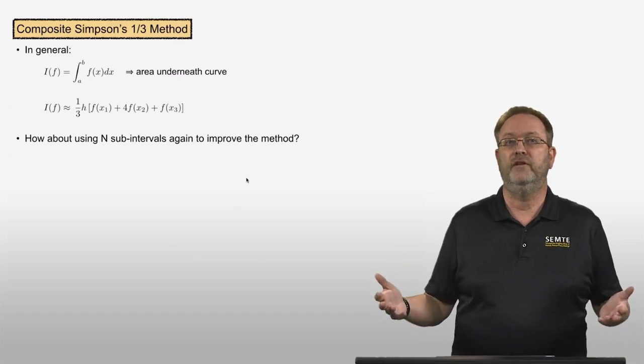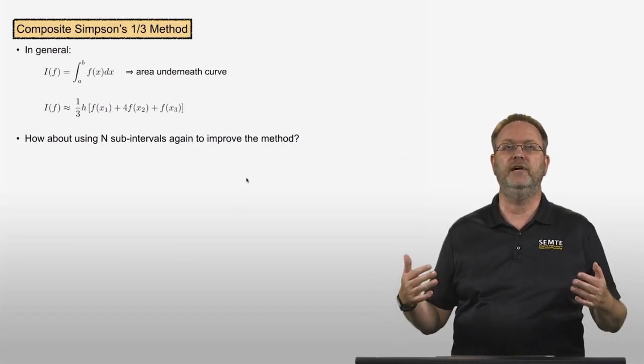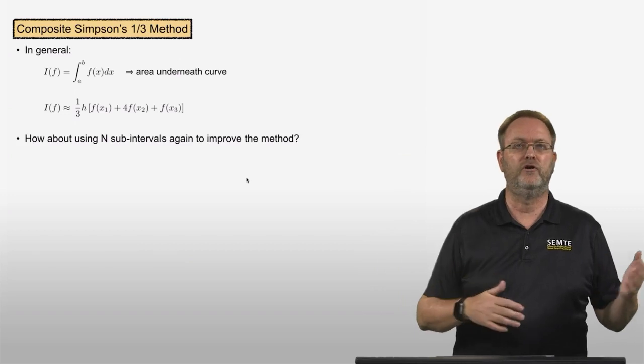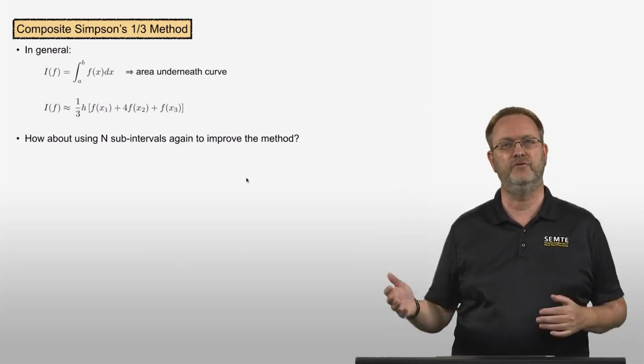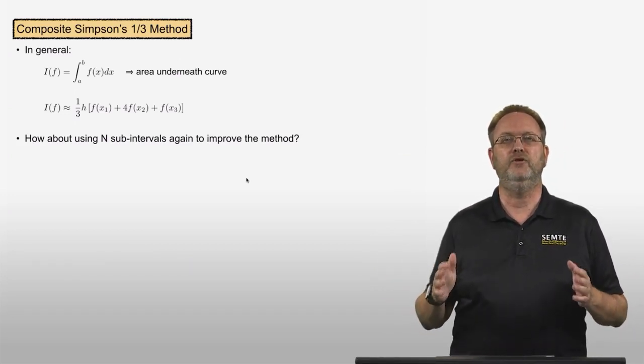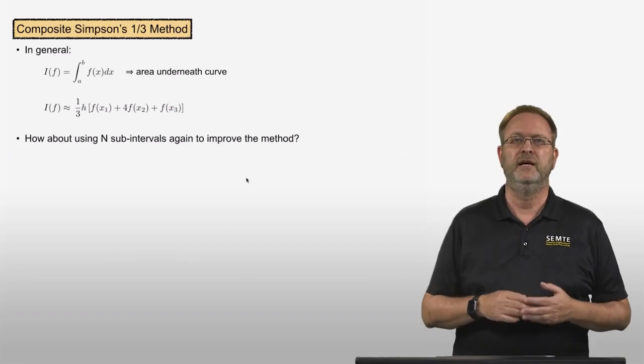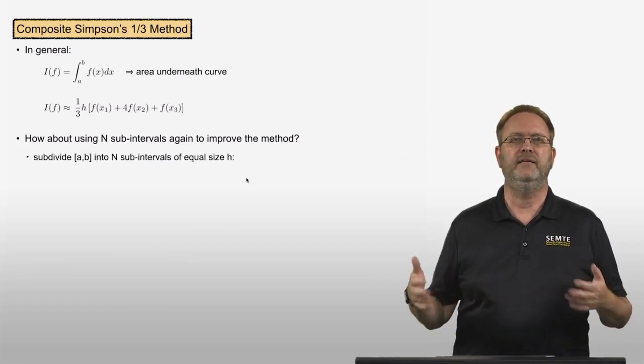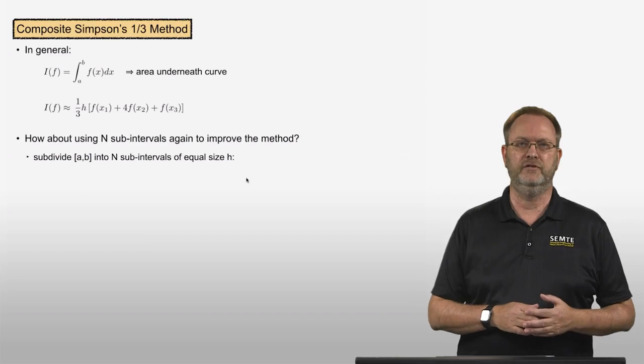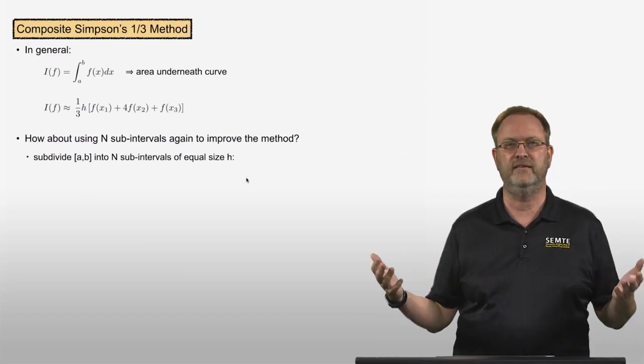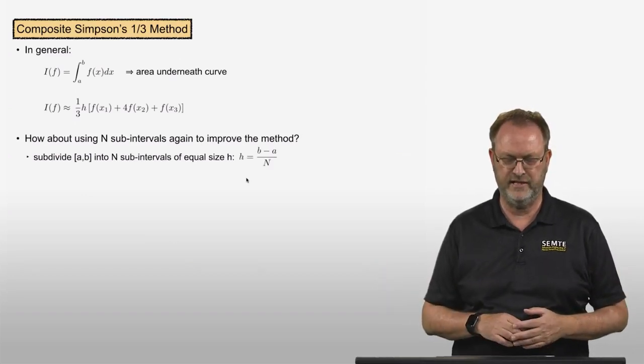Now, we can improve on this by not integrating in one sweep over the entire integral from a to b, but instead using a composite version of this by splitting the integral into subintervals of equal size. And let's say the equal size of these subintervals is equal to h.